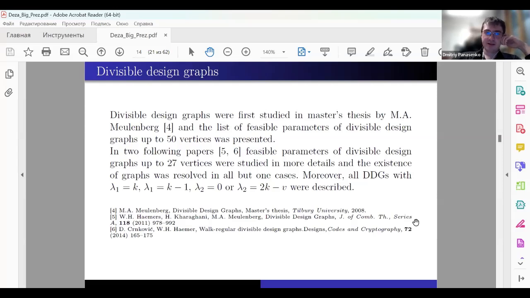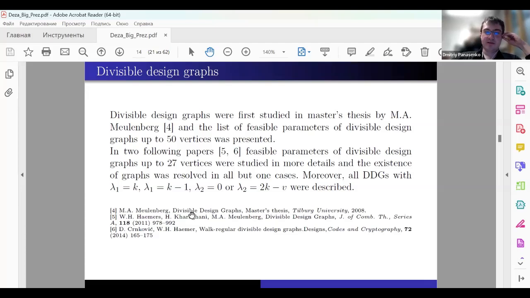At first, divisible design graphs were studied in a master's thesis by Muhlenberg, under the supervision of Wilhelm Haemers, and a list of feasible parameters of divisible design graphs up to 50 vertices was presented. In 2 following papers, feasible parameters of divisible design graphs up to 27 vertices were studied in more detail, and the existence of graphs was resolved in all but 1 case.